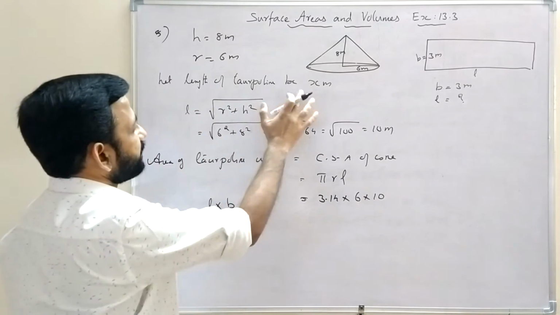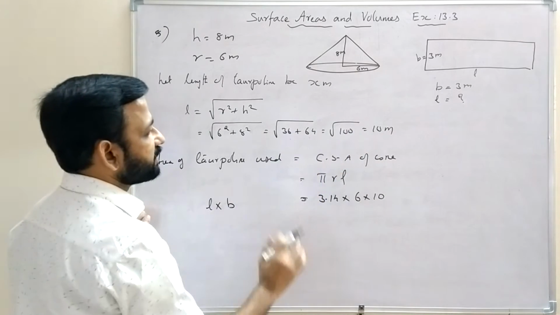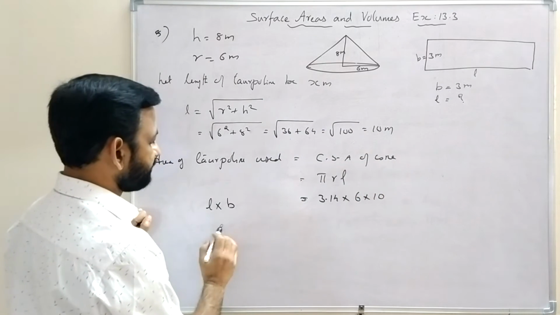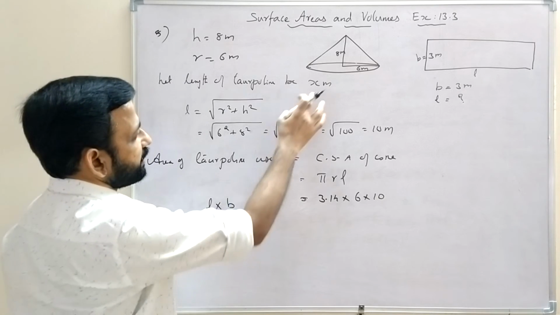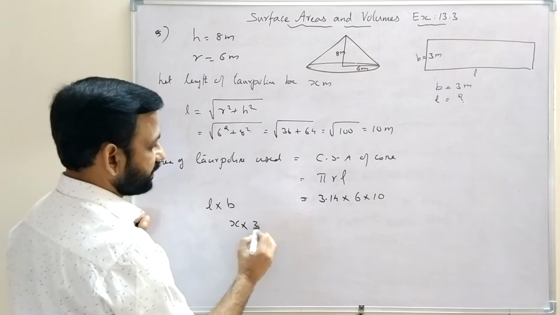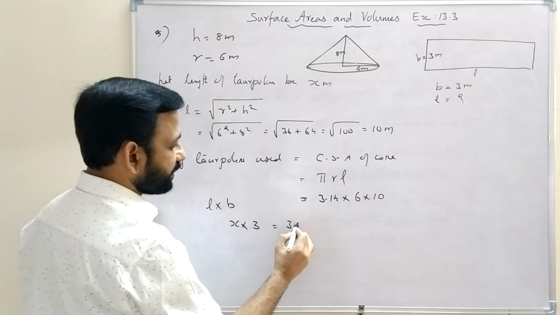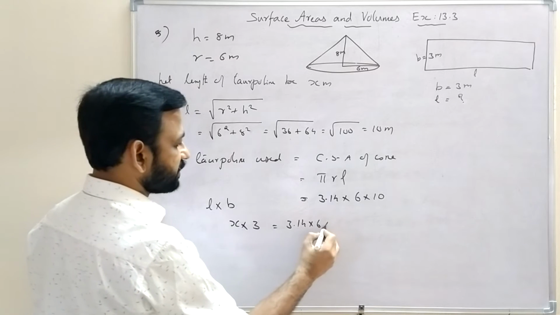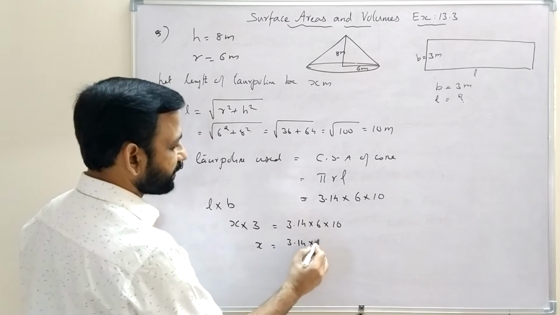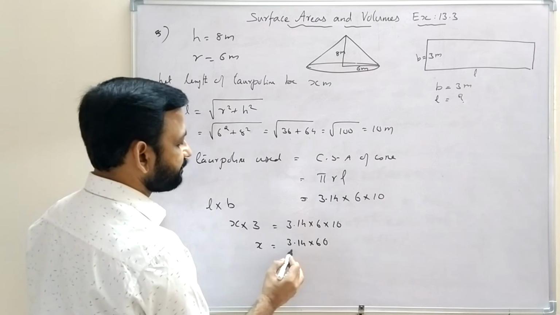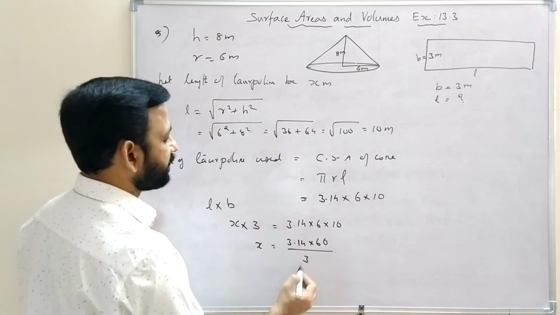So the length of the tarpaulin is x, and breadth is 3 meter. So x into 3 equals 3.14 into 6 into 10. Therefore x is equal to 3.14 into 6 into 10, that is 60, and then that 3 goes to the denominator.